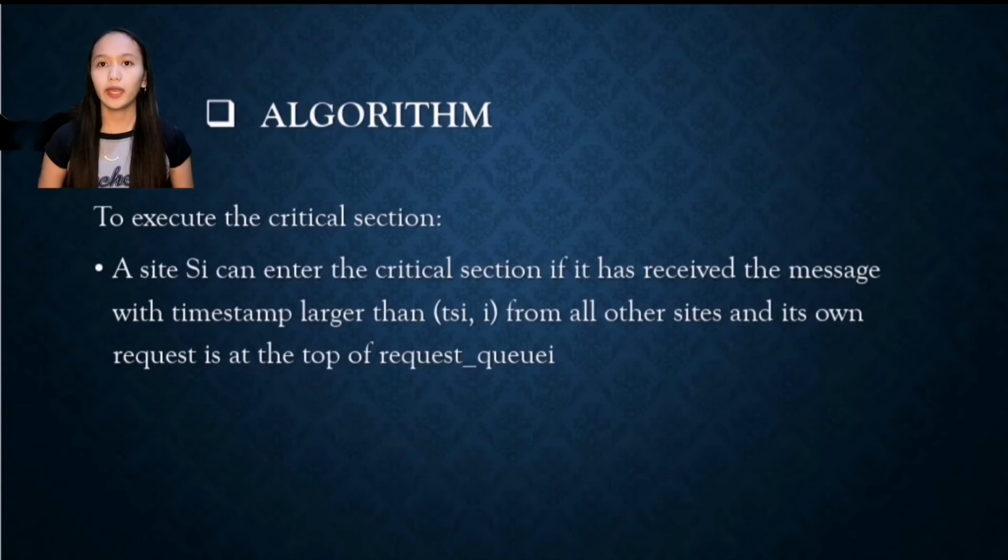Algorithm. To execute the critical section, a site Si can enter the critical section if it has received a message with timestamp larger than (tsi, i) from all other sites and its own request is at the top of its request queue.